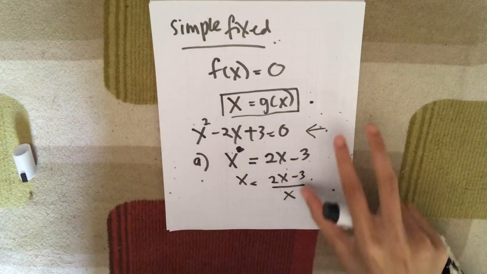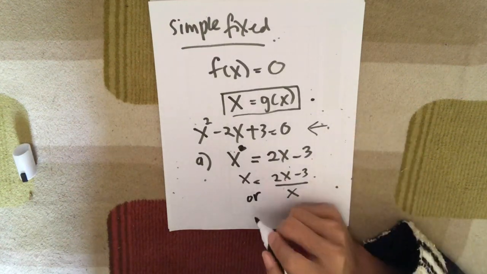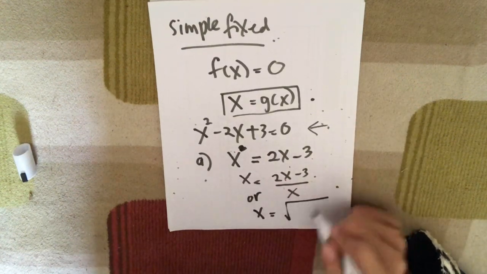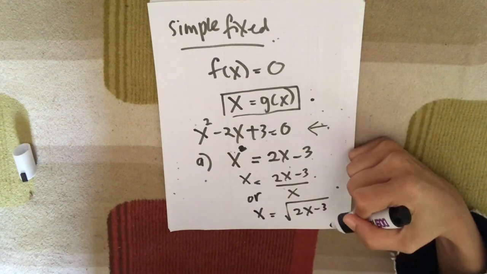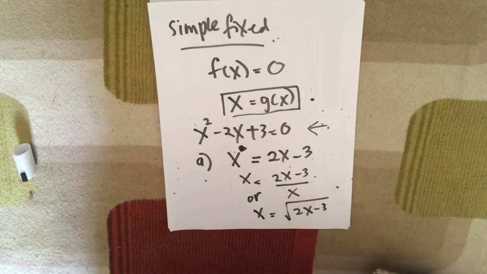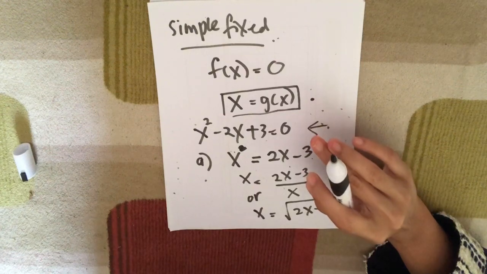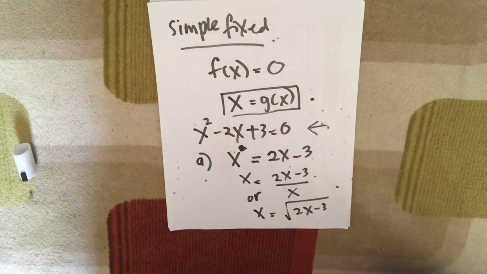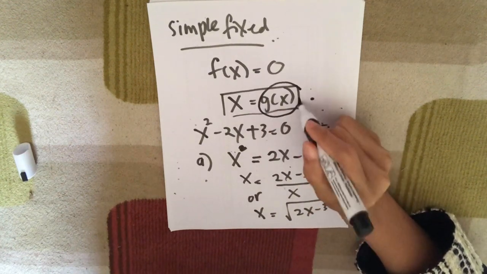Maybe some of you will think like this, why not do it like this? Why can't we also do like this? So for this type of method, you will have more than one possible g(x).